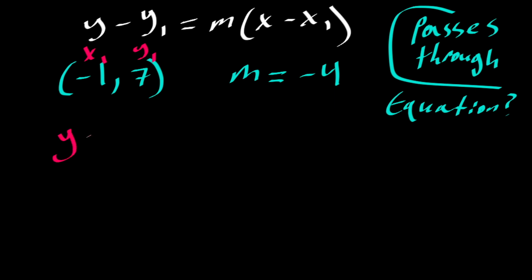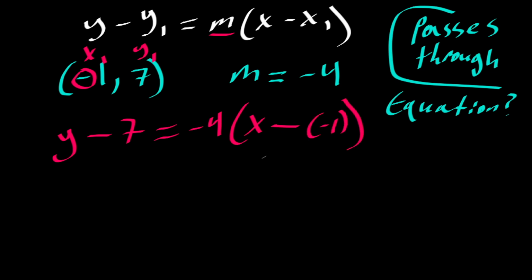So y minus 7, since y1 is 7, equals -4 times x minus, and this is where I would watch out, it's actually x minus a -1. Hopefully by now we're comfortable with seeing that minus a negative becomes +1.